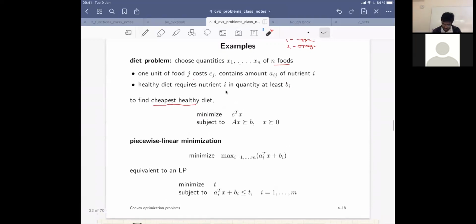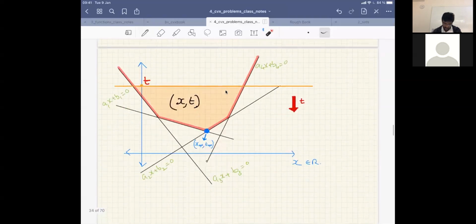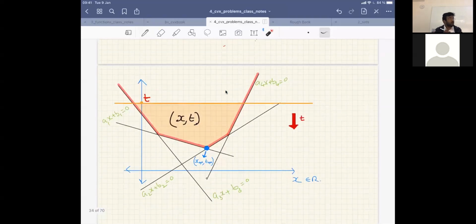Okay, so now I want to minimize this. This is that graph that I'm showing. I want to minimize this. We already saw this in the previous class, the epigraph method. So instead of finding the minimum of this directly, I am doing an epigraph approach where I take a t, and then do the minimization over x and t.